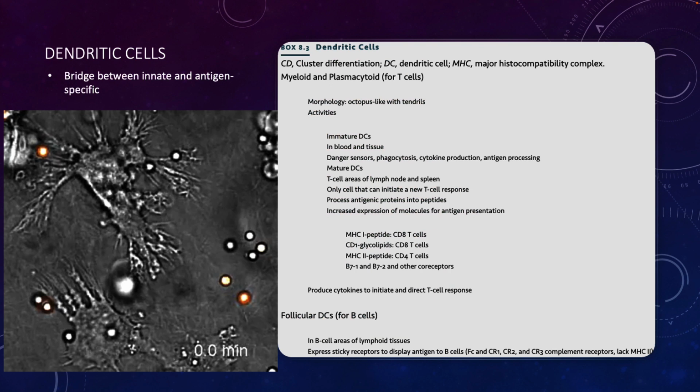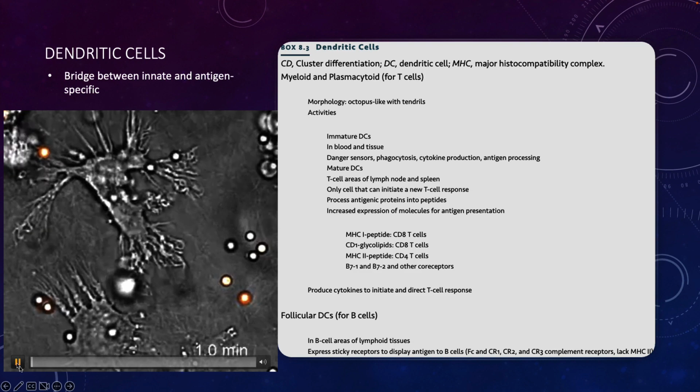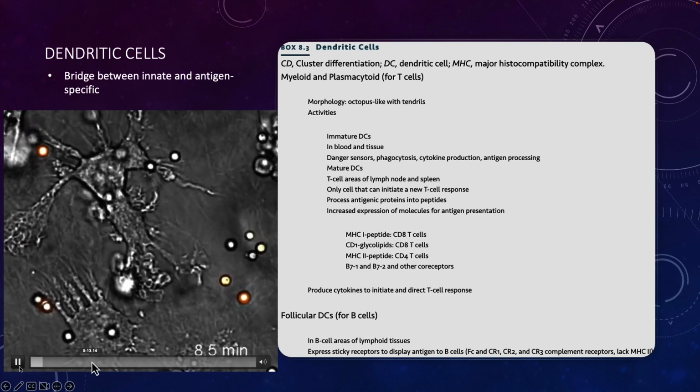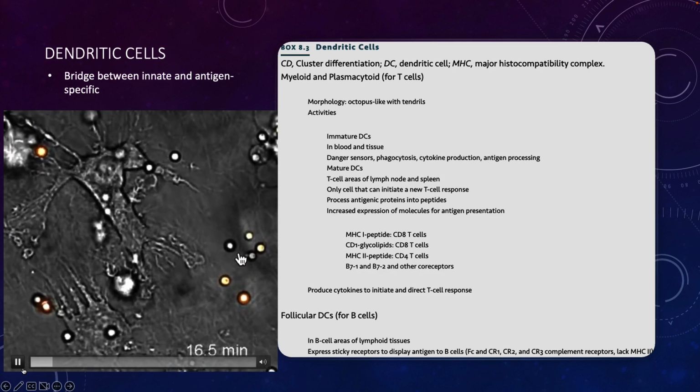Dendritic cells, they are like the master. They are sometimes called professional antigen presenting cells. That is their job, and they are considered to be, as you see in this bullet point here, the bridge between innate and antigen-specific immune responses. They have all of these tendrils, and you can see they use these tendrils to grab and phagocytize various antigens.